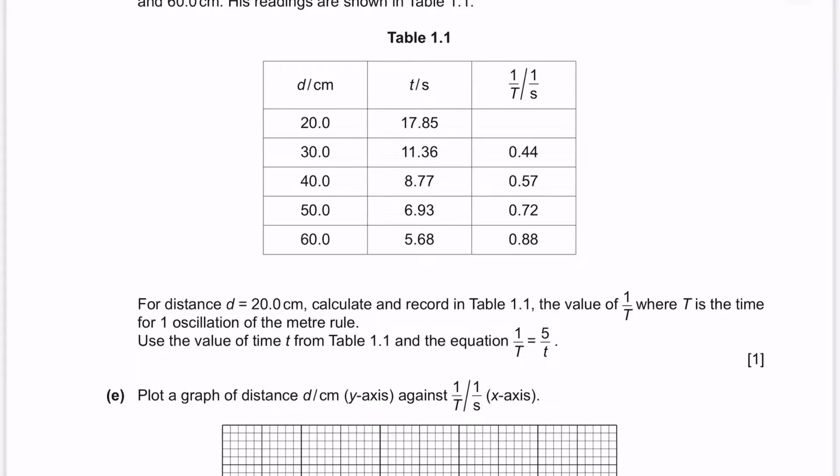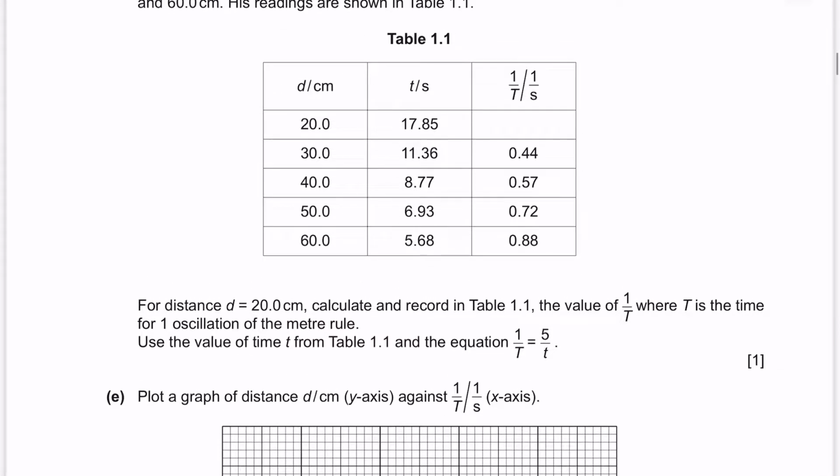D part, the student carries out the same procedure for d values of 20.0, 30.0, 40.0, 50, and 60. His readings are shown. Okay, so d is there, and 1 over t is also there. For distance 20, calculate and record in table 1.1 the value of 1 over t, where t is the time for one oscillation of the meter rule.